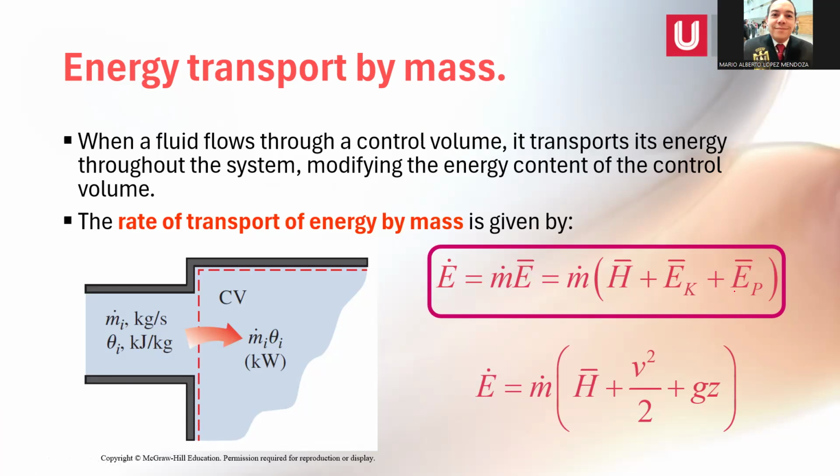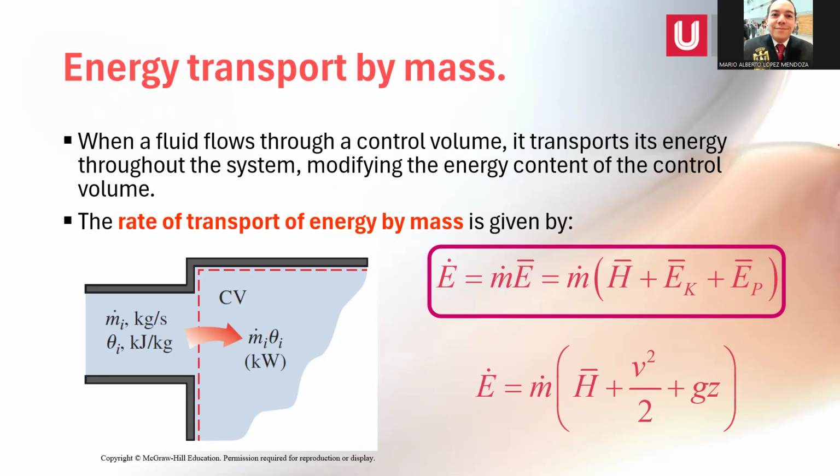And we can estimate this from the specific energy that we defined in the previous slide, with the product of the mass flow rate. We represent this rate of transport of energy with the letter E with a superscript dot.